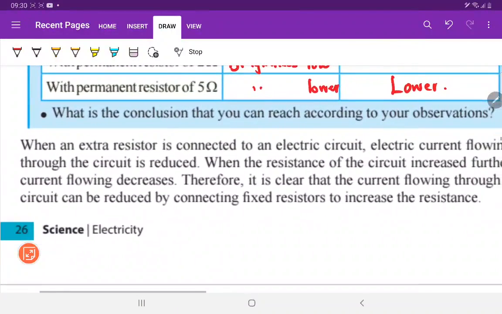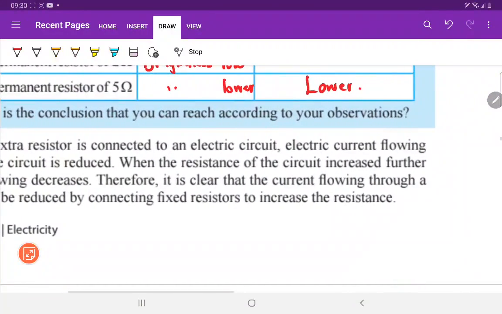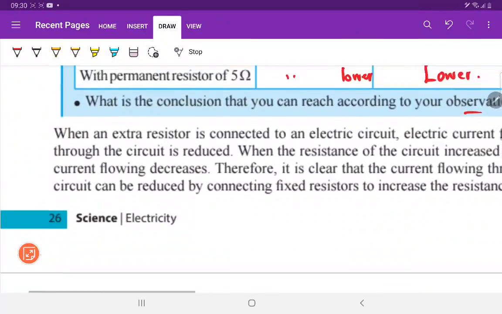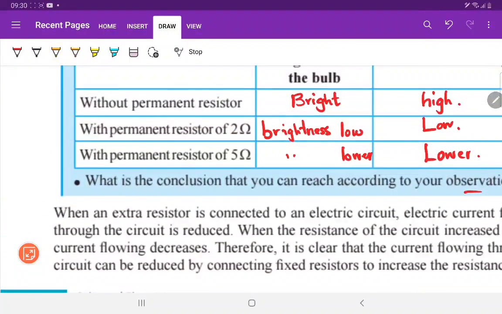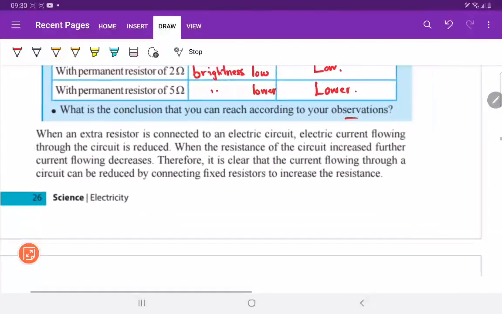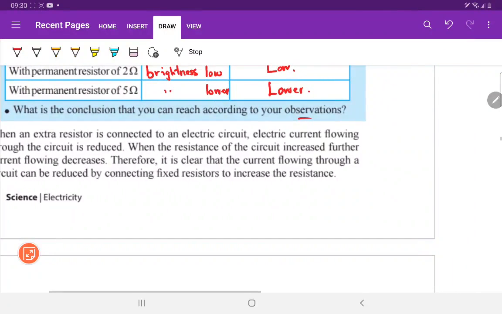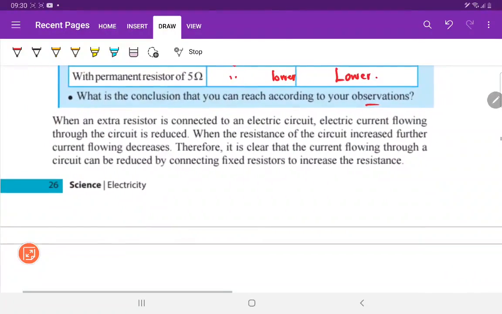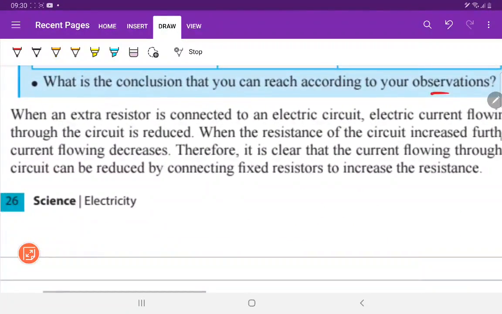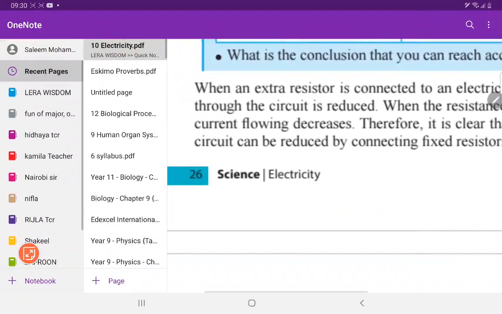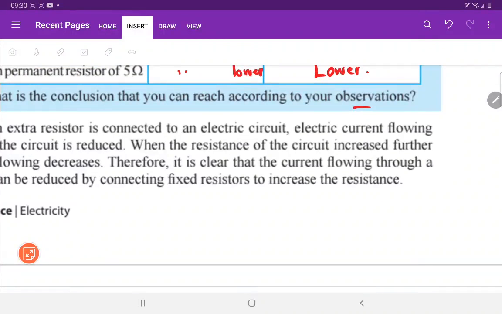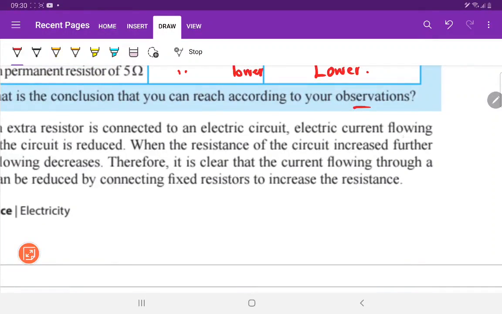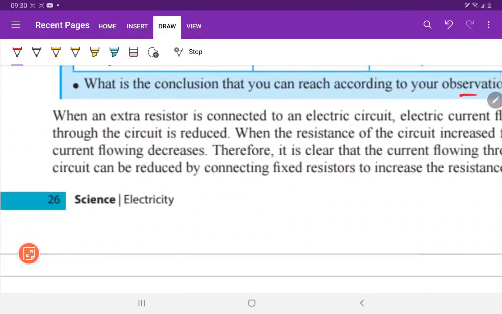Now, when an extra resistor is connected, what conclusion can you reach according to the observation, children? If you connect a fixed resistor, it also acts as a current controlling component. When an extra resistor is connected to an electric circuit, the electric current flowing through the circuit is reduced. When the resistance of the circuit increases further, the current flowing decreases.